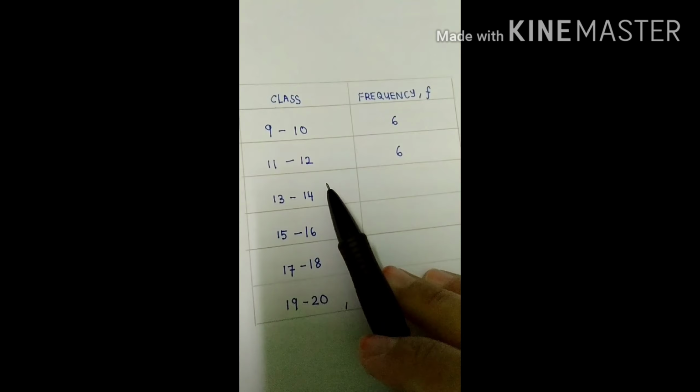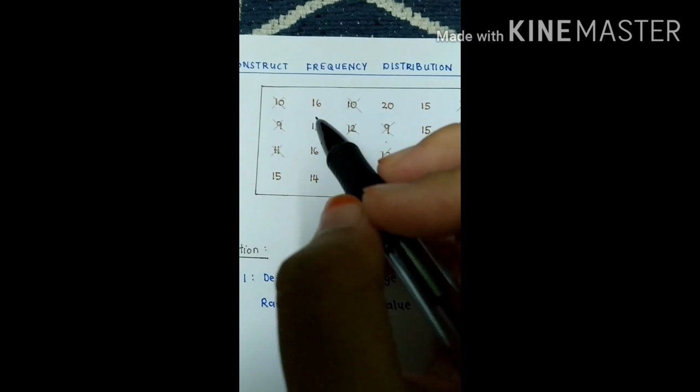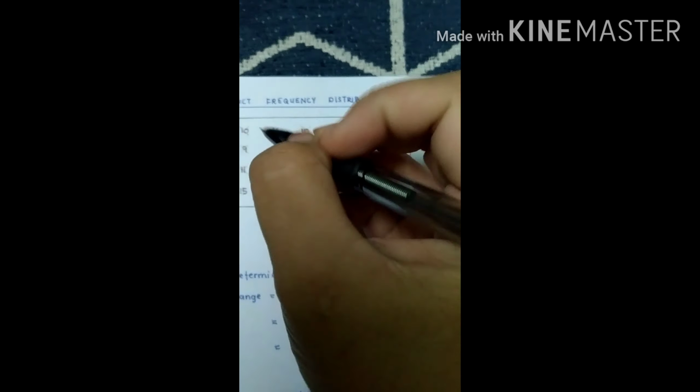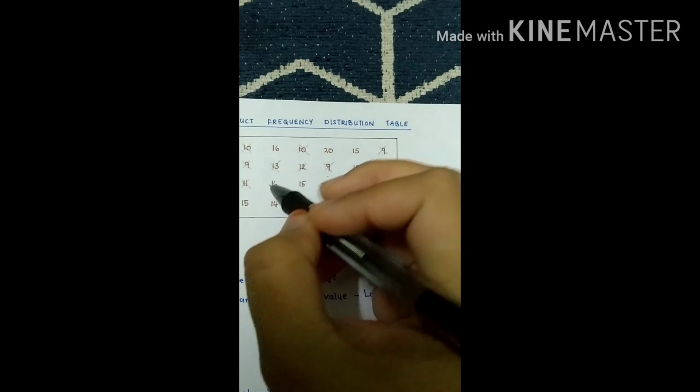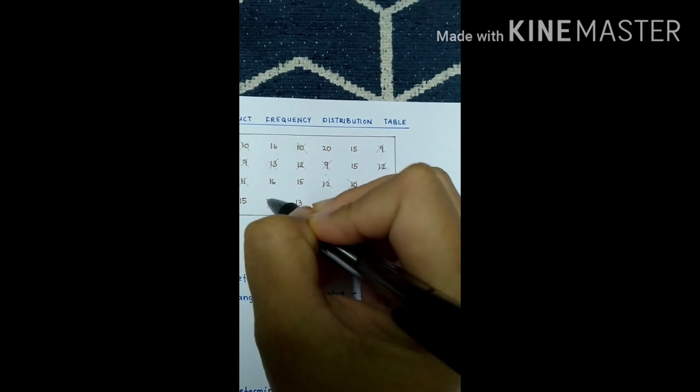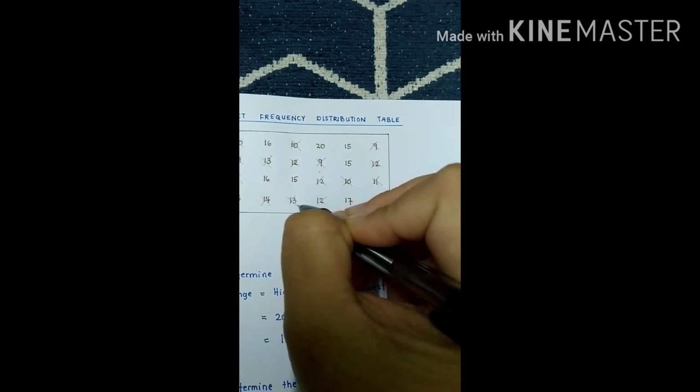And then for the third class, 13 to 14, we have 1, 2 and 3.